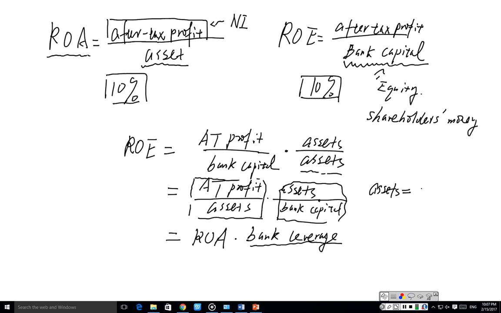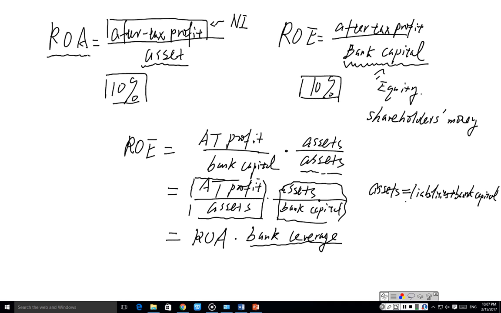According to the balance sheet, the value of asset equals liability plus bank capital. That's the equation you have to always keep in mind: asset equals liability plus bank capital.